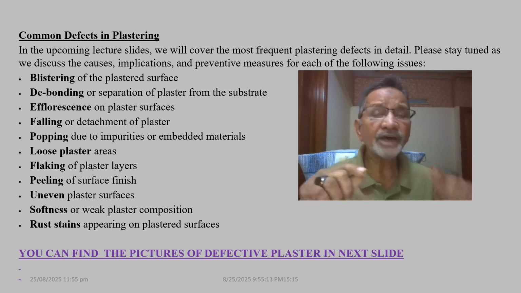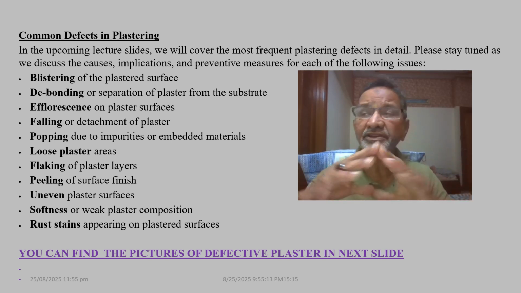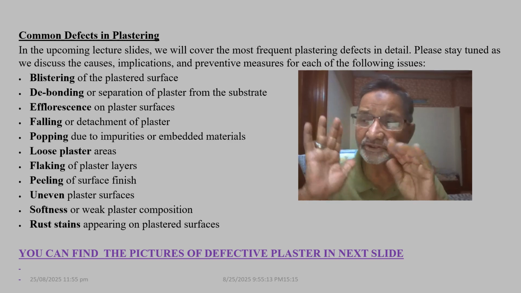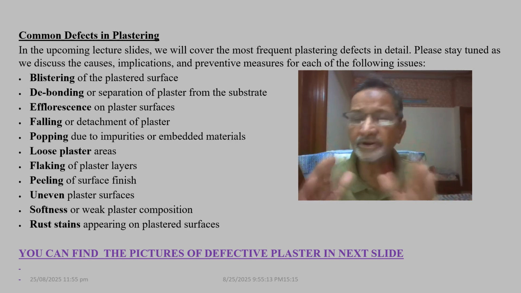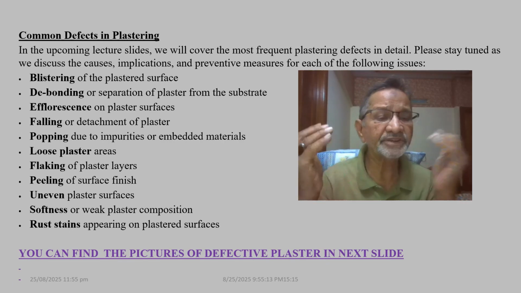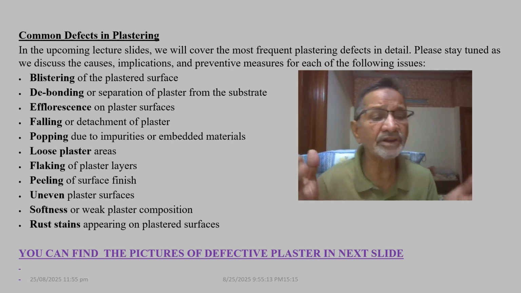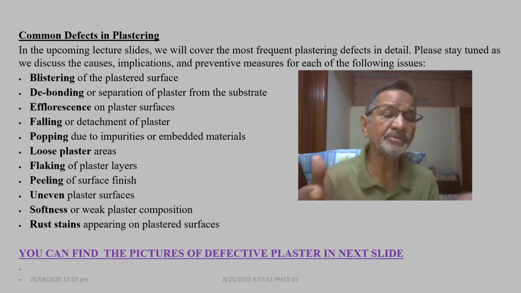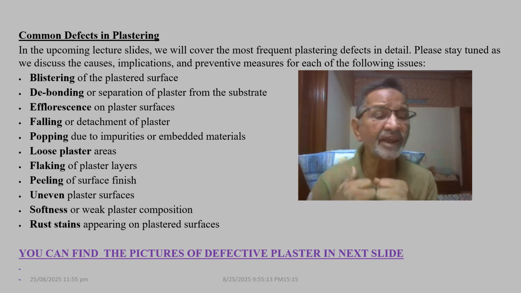Then loose plaster areas: when the plaster is not done strongly, it is loose and it can fall down, and this is a major defect.